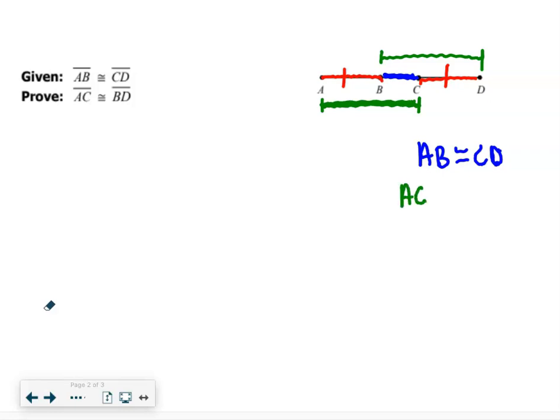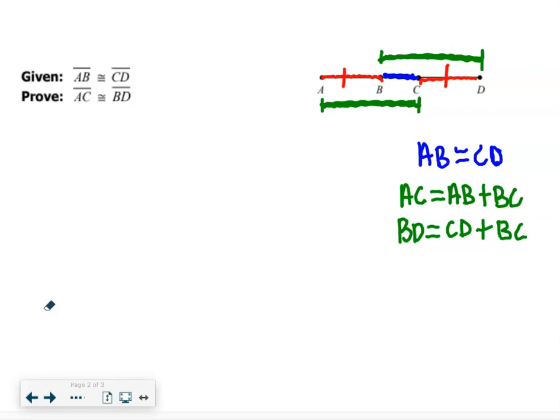I know AC is equal to AB, that first red segment, plus BC. And if I look at BD, what two things make up BD? CD plus BC.